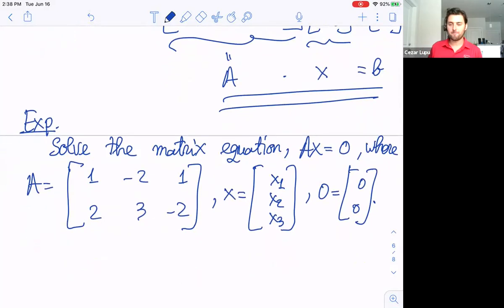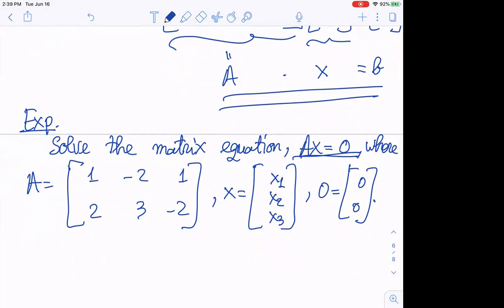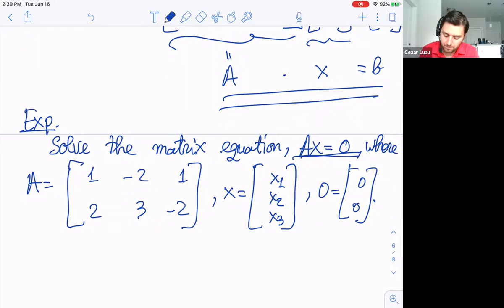Okay, let's identify. Because you see, I'm making a multiplication possible here. First of all, I want you to tell me what is the size of A? 2 by 3. So I have 2 rows, 3 columns.